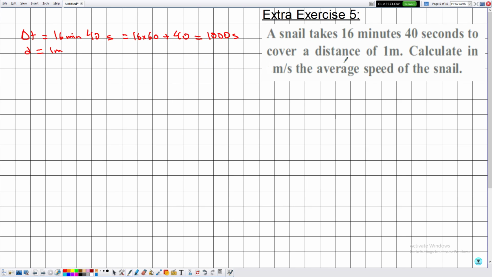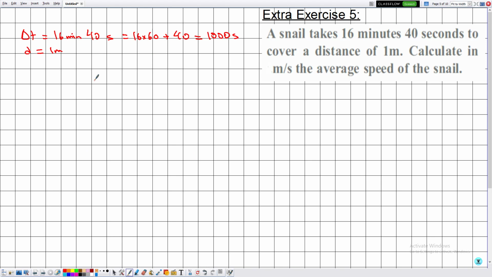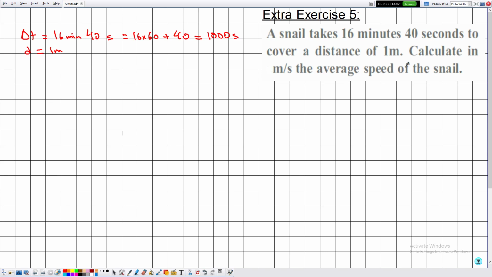Now before referring to the question, if we consider delta t and d, knowing delta t and d, which physical quantity can we calculate? We can calculate the average speed Vm because it's given by d divided by delta t. Then indeed, they are telling me to calculate in meters per second the average speed of the snail. So Vm is equal to d divided by delta t.